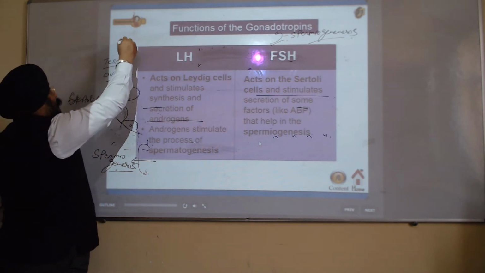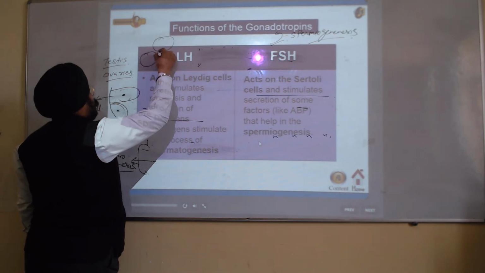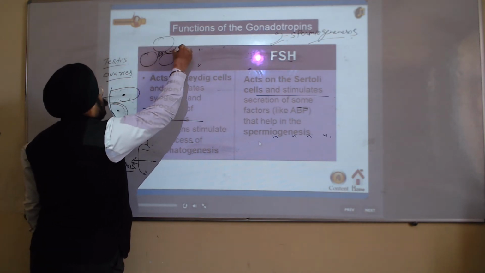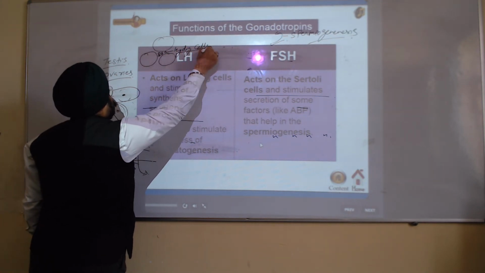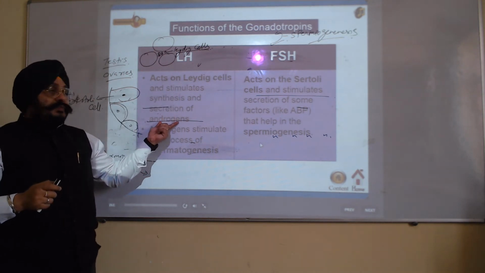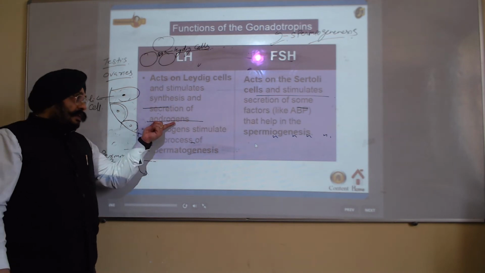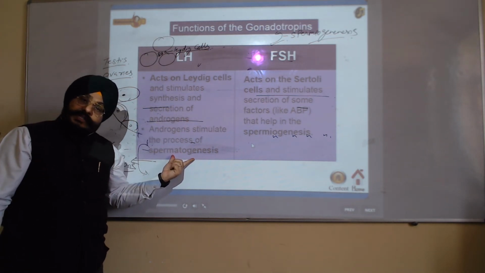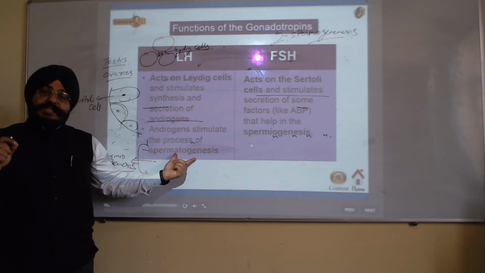Whereas in between the seminiferous tubules, there are the cells known as Leydig cells. Now what do these Leydig cells help in? In production of a male hormone known as androgen. And what does it stimulate? It stimulates spermatogenesis. Now this is the process which starts at puberty.